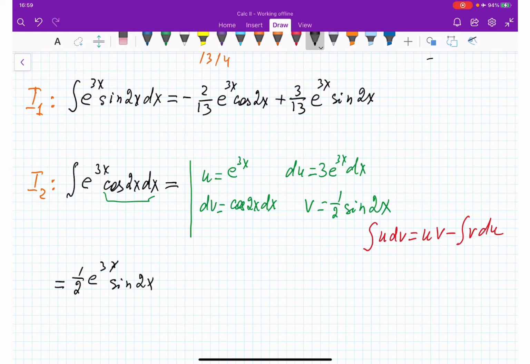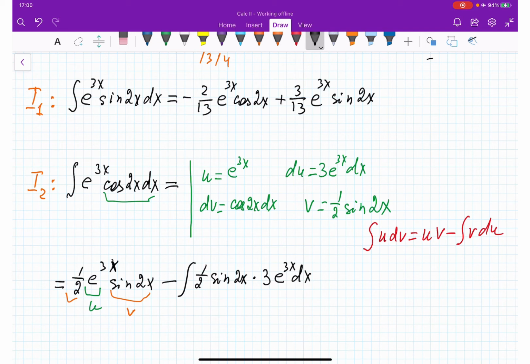This is my u and v, minus integral v du, 1/2 sine 2x times 3 e to power 3x dx, right?